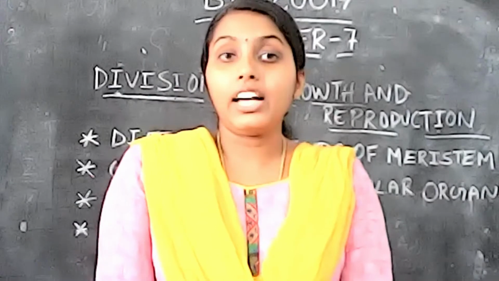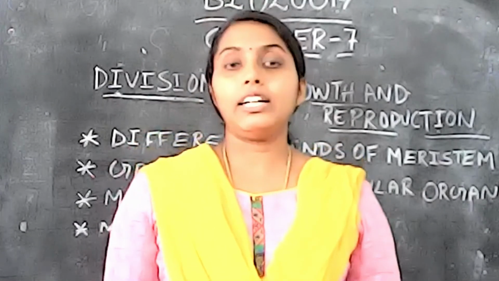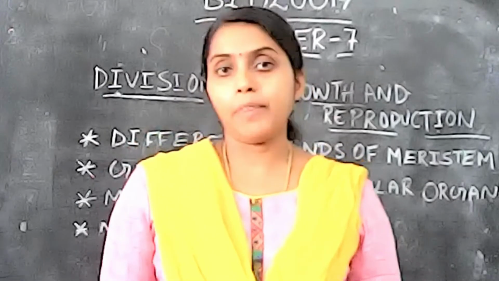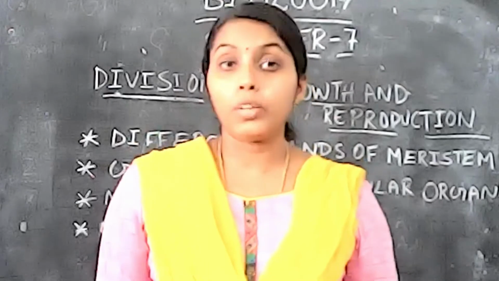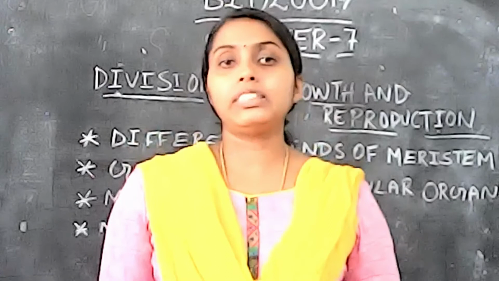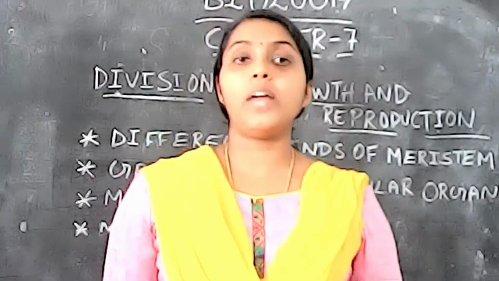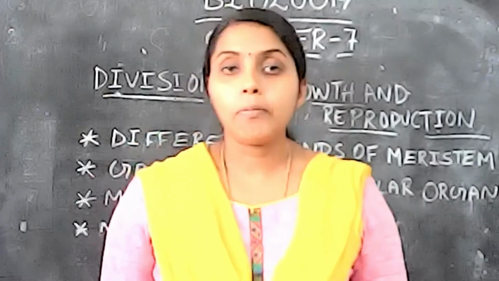above the node the length of the stem is increased. So these are the three kinds of meristem: apical, lateral, and intercalary. Apical meristem helps in increasing the length of the root and stem, and lateral meristem is seen only in dicot plants, helping in increasing the thickness or girth of the stem and root.